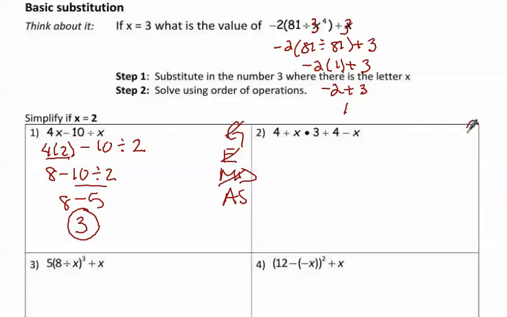Problem 2. There is no grouping, there are no exponents, so I'm going to multiply and divide from left to right once I substitute in the number 2 for x.